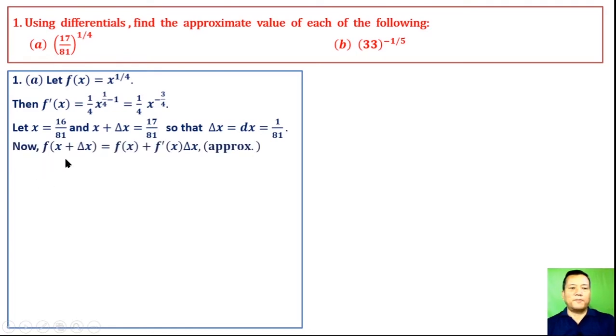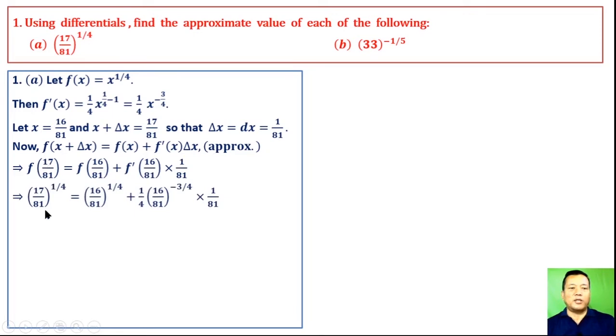Now f of x plus delta x equal to f of x plus f dash x into delta x approximately. So f of 17 by 81 equals f of 16 by 81 plus f dash of 16 by 81 into delta x, whose value is 1 by 81.